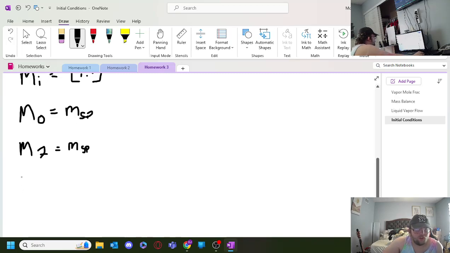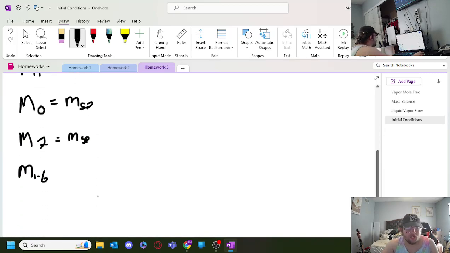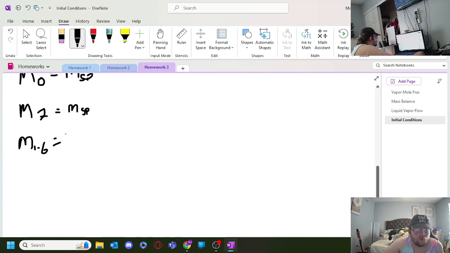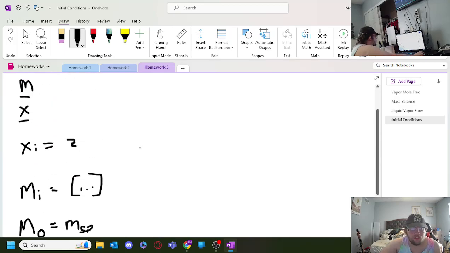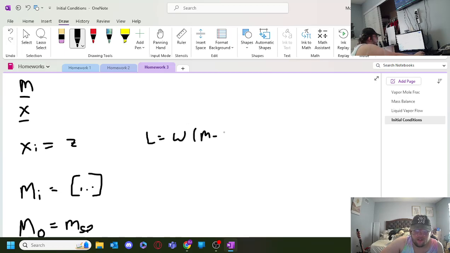Now for stages 1 through 6 is where it gets a little interesting. So like we were going through with the weir equation, where liquid flow equals weir times M minus M tray raised to the 3/2.